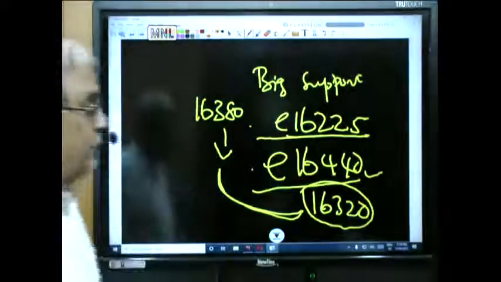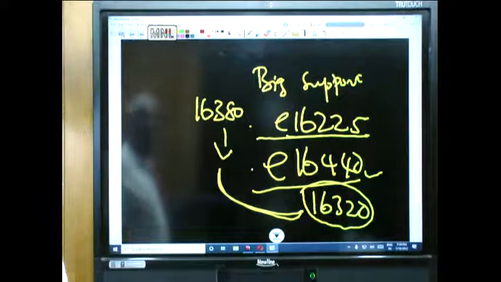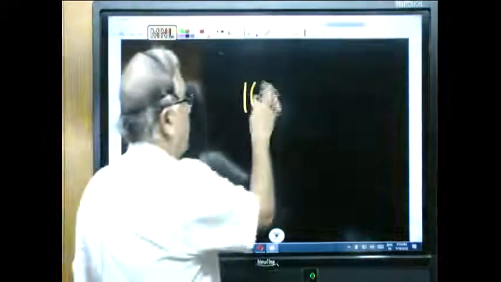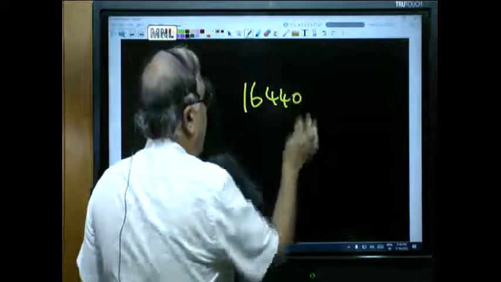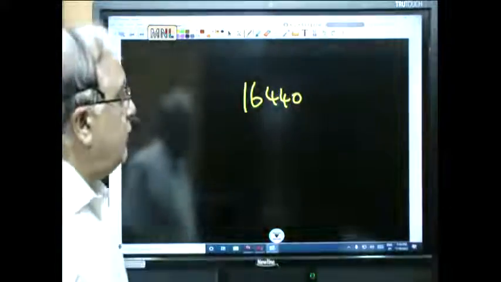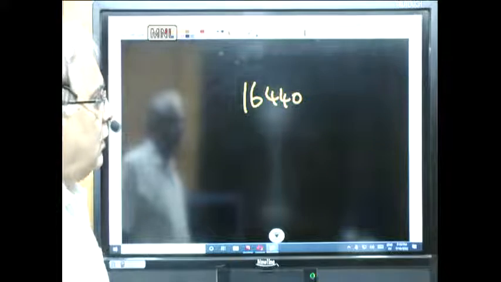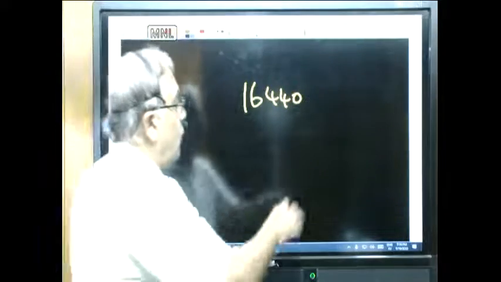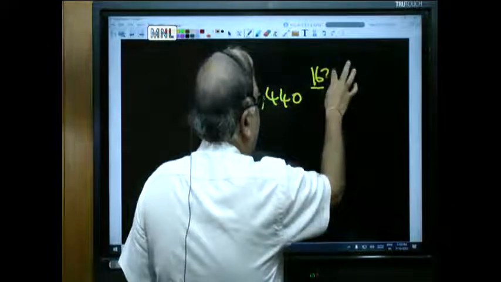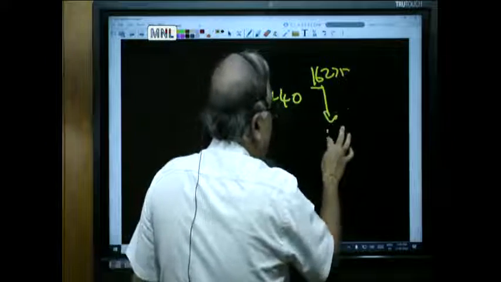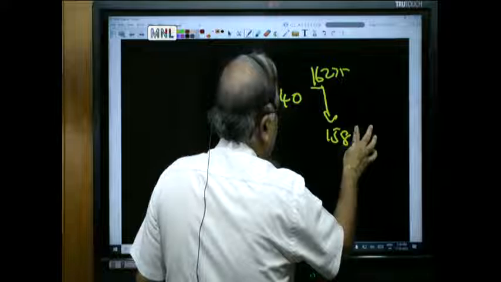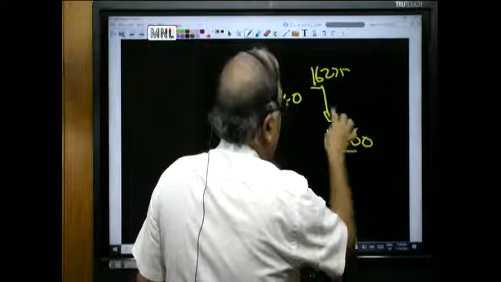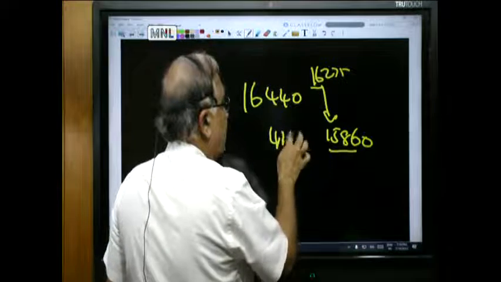Now, if we fit this with the Fibonacci ratios also, so let us say it goes to 16,440 tomorrow, and already we have seen, there was a fall from 16,275 to 15,860 or so, right? So this is 415 points.